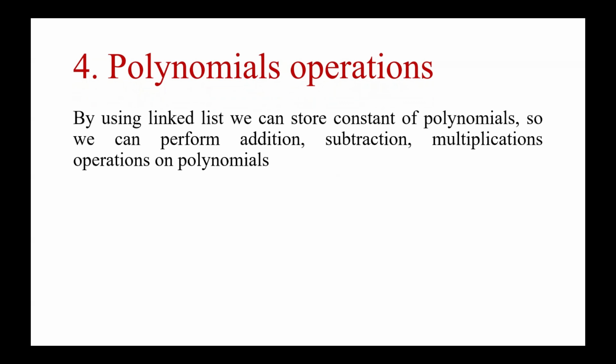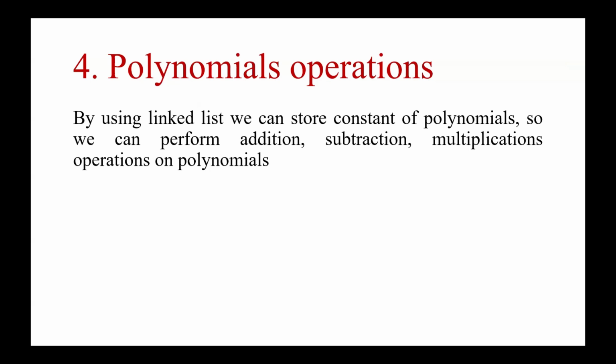Polynomial operation. We know polynomial addition, subtraction, multiplication and division. In the case of a polynomial, we store the constants of the polynomial in the linked list. As we know, a linked list node stores two things: first the information, and second the address.